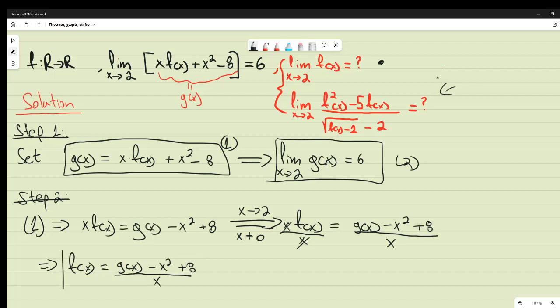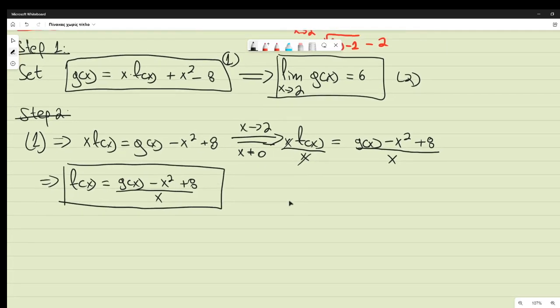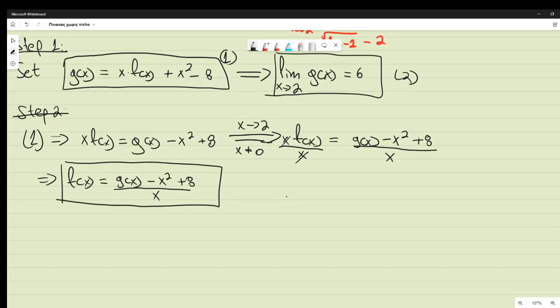The next thing is to calculate the limit of the function f when x tends to 2. Let's call it equation number 3, and this equation 3 will be equal to this one over here.